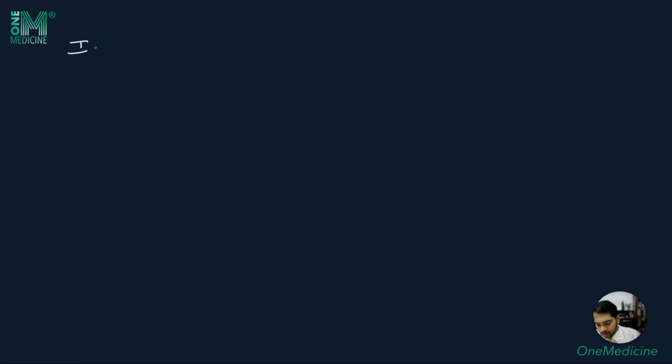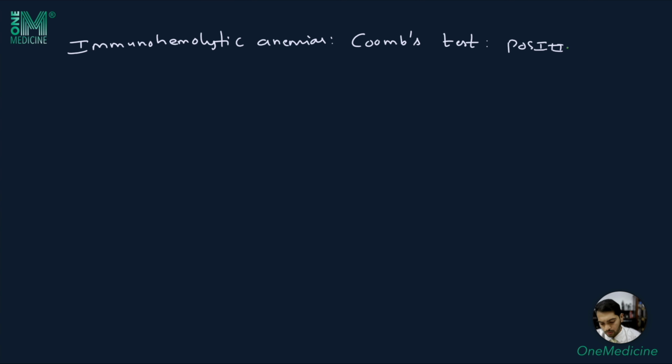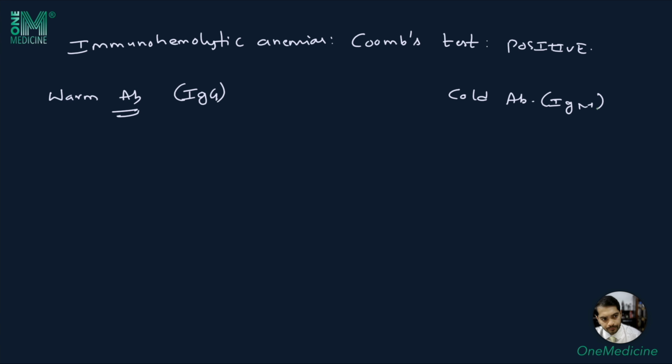Next subset of hemolytic anemias include immunohemolytic anemias. These are the anemias where Coombs test is positive. There are usually two types here: warm antibody, which is mediated by IgG for the most part, and cold antibody, which is mediated by IgM.